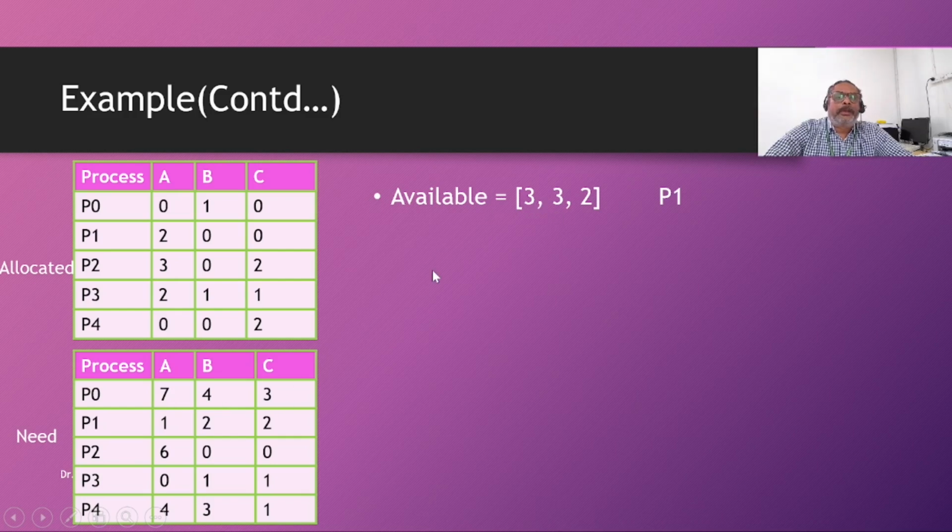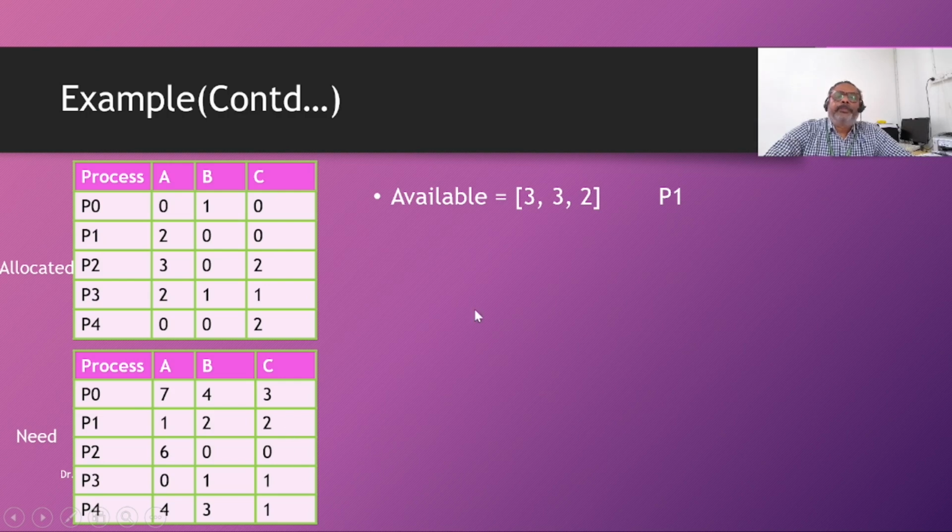So 7 of A required. Can we allocate? Definitely not. What about P1? 1 2 2 required, and we have 3 3 2. 3 available, 1 required, okay. 3 available, 2 required, okay. 2 available, 2 required, okay. Therefore P1 can be given a chance to work.